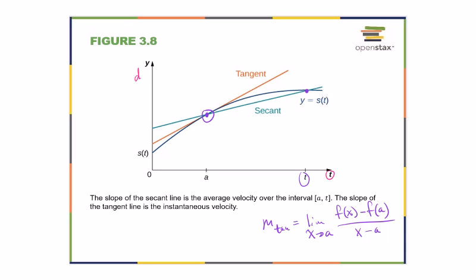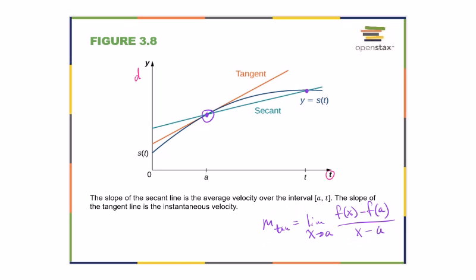And here we have t instead of x, so we can put t in for x. But anyway, this is our formula, right? And as x gets closer to a, our secant line is going to get closer and closer to the actual tangent line, to the point where it actually is the tangent line. Okay, and so this is the formula that gets us there.